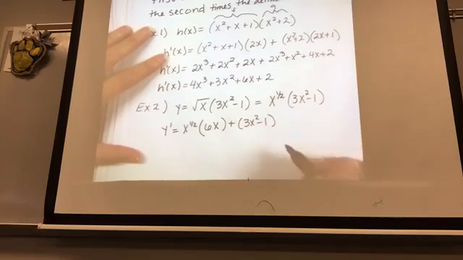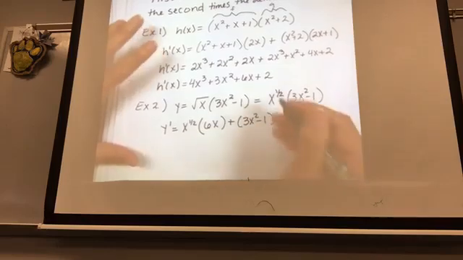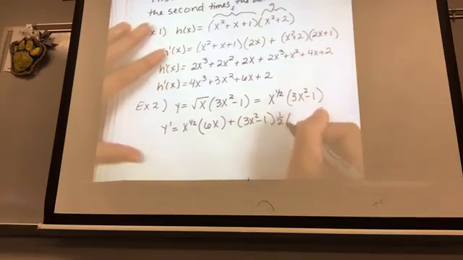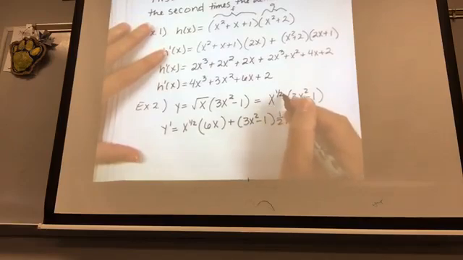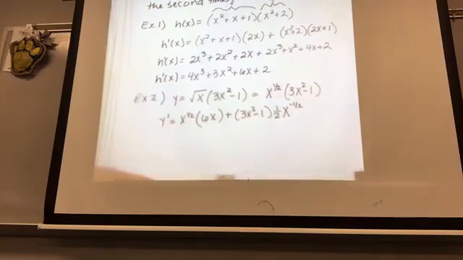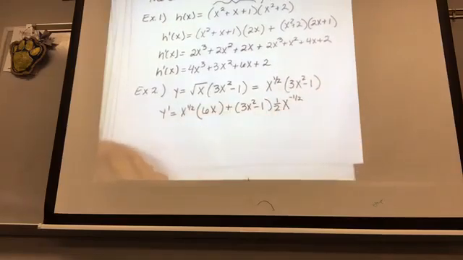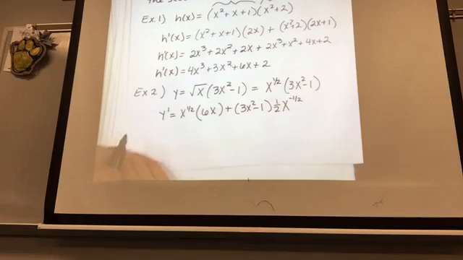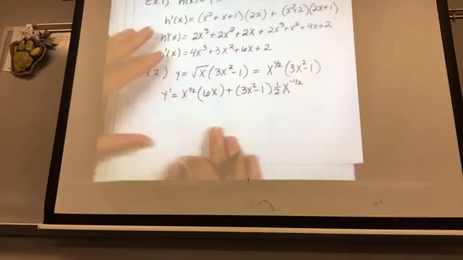So what's the derivative of x to the 1/2? 1/2 x, 1/2 minus 1 is negative 1/2. So are we good so far seeing the first step? Mm-hmm. And now just simplifying. This one might have been easier to do the other way.